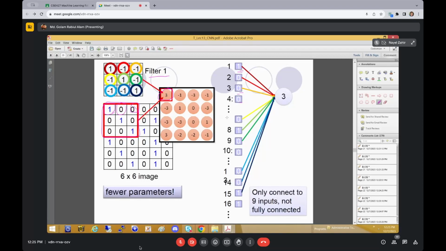So this is 7, 8, 9, 10, then 13, 14, 15, 16. We also have 5 and 6. In 5, 4 is 0 and 5 is also 0.